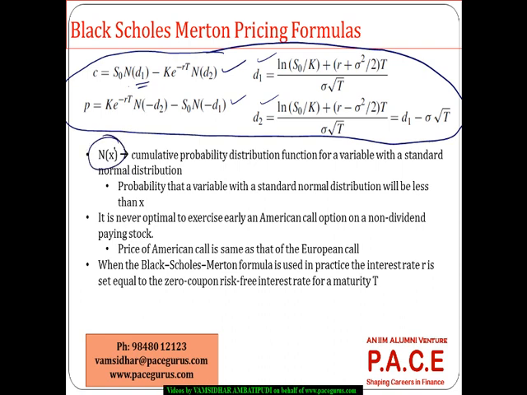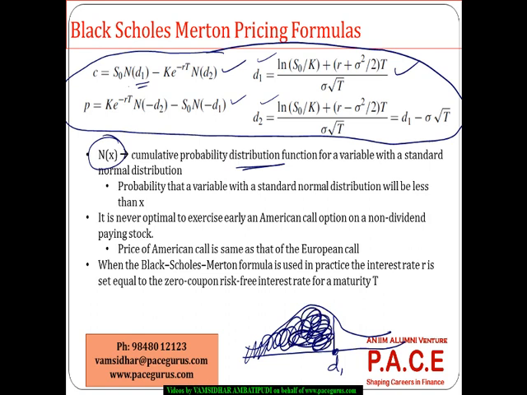Whenever I am using N of x, it is a cumulative probability distribution function of the standard normal distribution. If I am assuming that this is the normal distribution, and D1, which came through this calculation, is some value here, then N of D1 is the area under this normal curve up to this particular point D1.